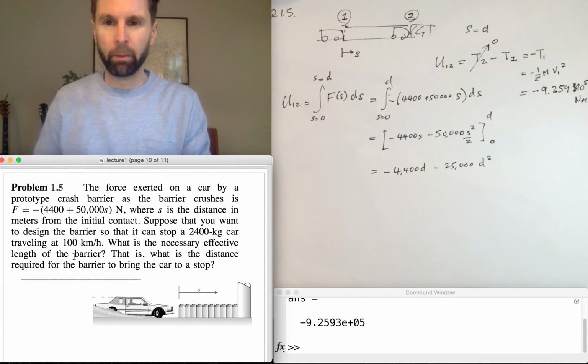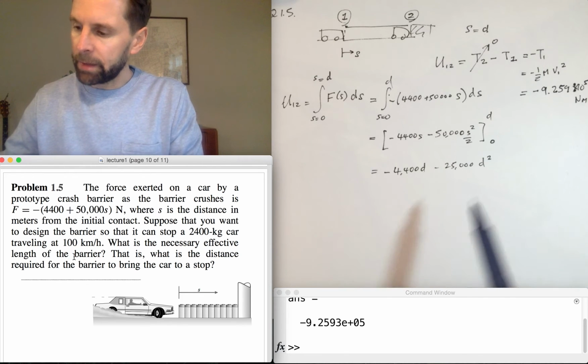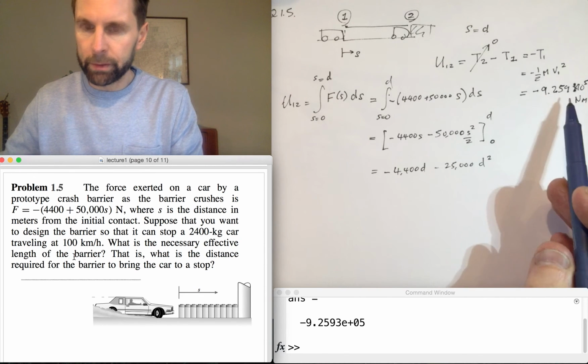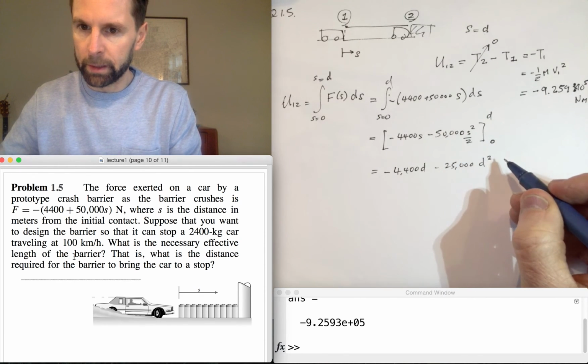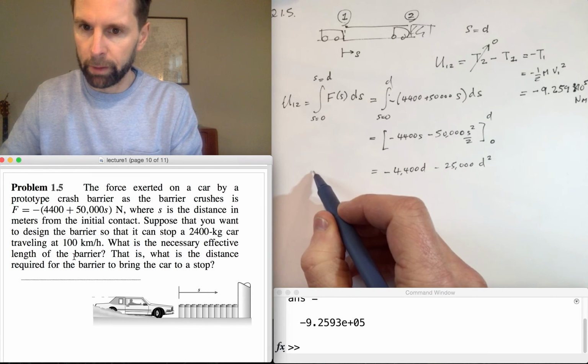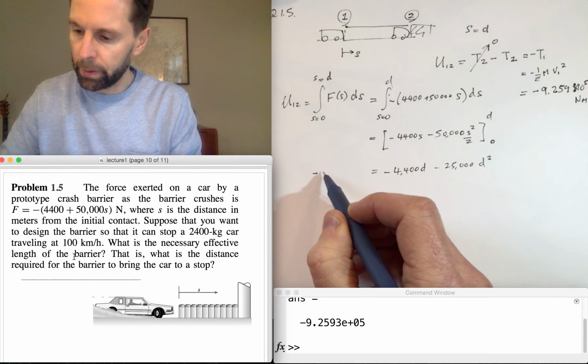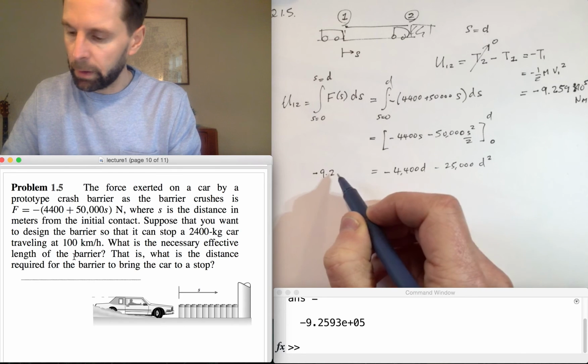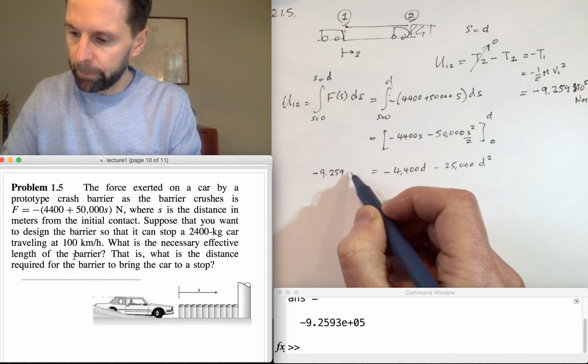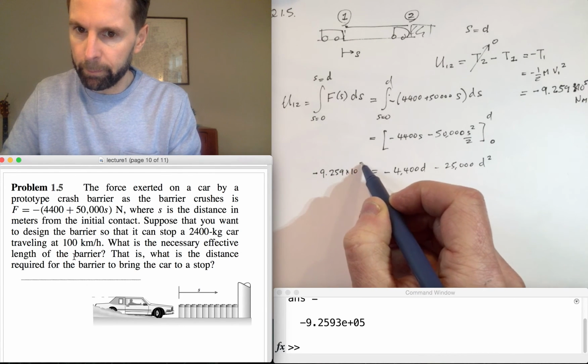So that's quite simple, and that's going to equal this. So if I take it to the other side, that's going to equal minus 9.259 times 10 to the 5.